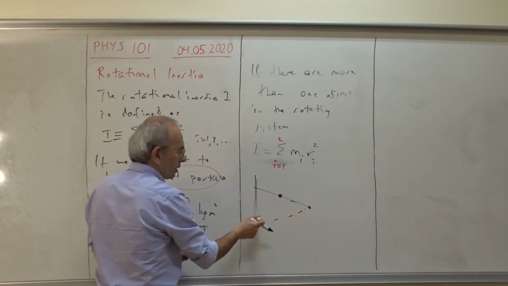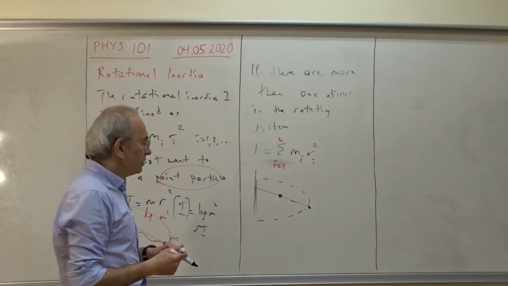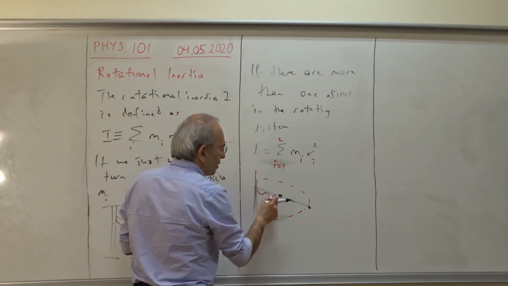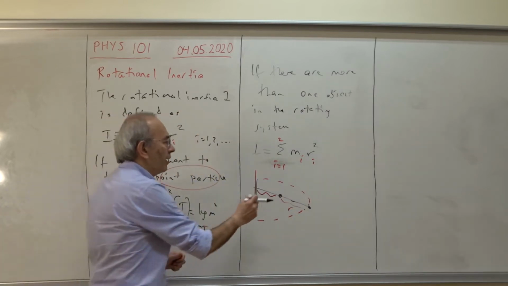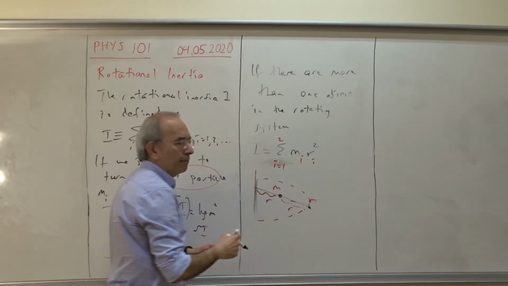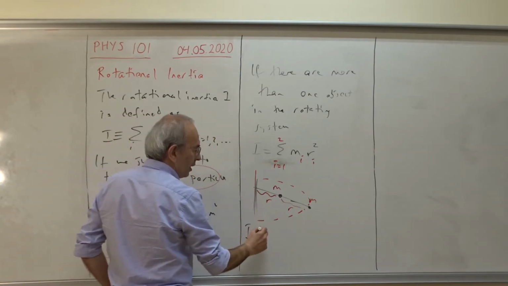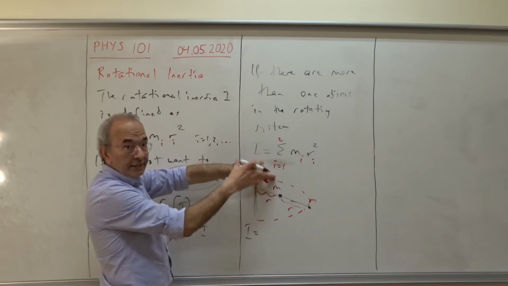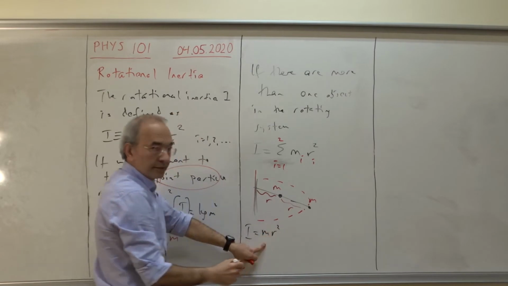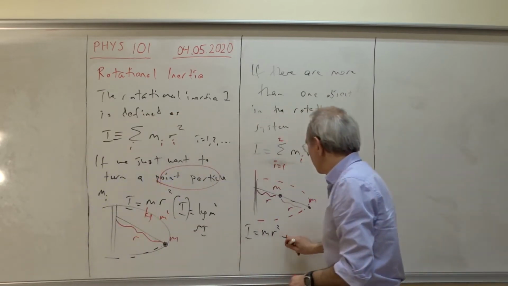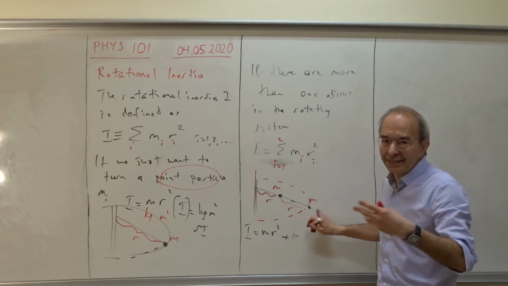system is turned around the vertical axis, for instance, and let this distance be r, let this distance be also r, and we have identical objects having masses m and m. So this I will be first object and its distance squared: mass m, distance r squared. Next, we have a summation. Second object has a mass m again, identical mass.